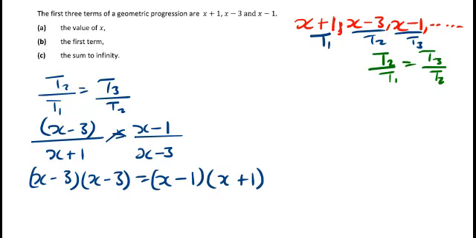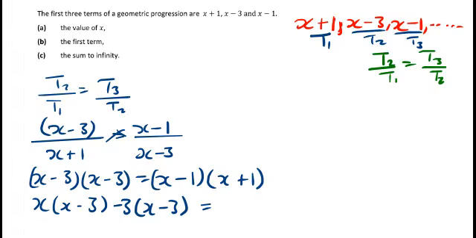And then what you do here, in order for you not to get confused, you understand that x is going to multiply with everything there. Also negative 3 is going to multiply with everything there. So you just say x open bracket x minus 3, and then you're going to have negative 3 times x minus 3 there.